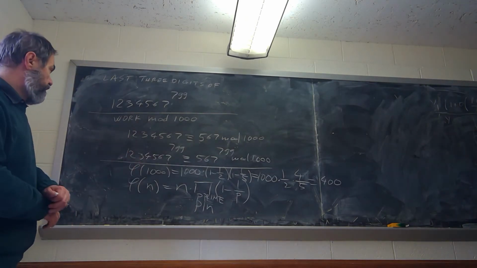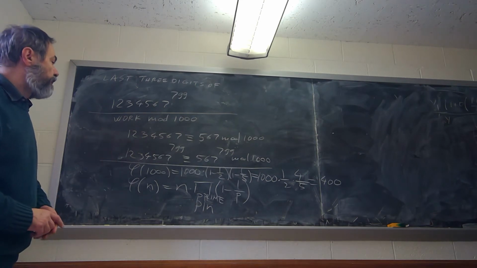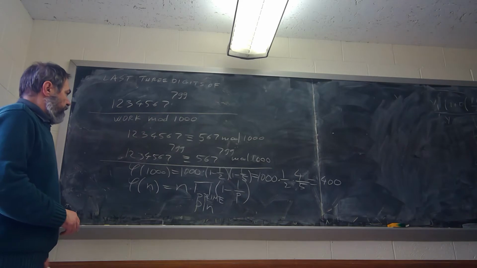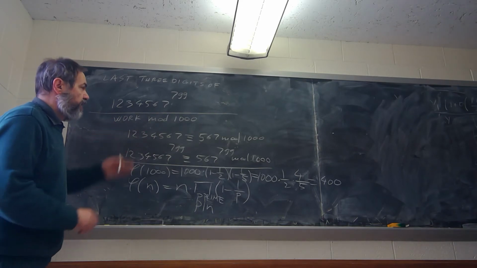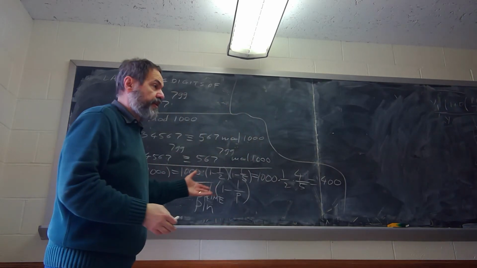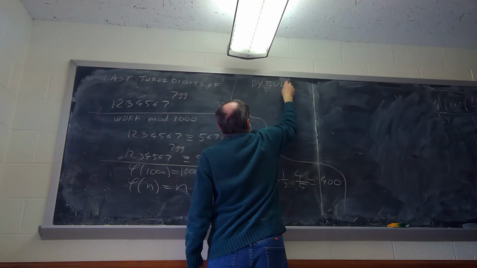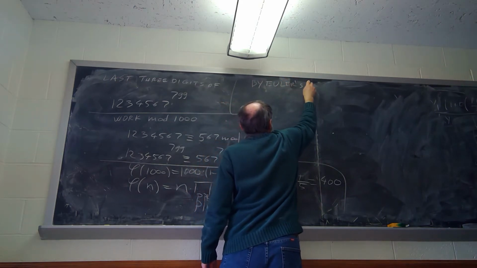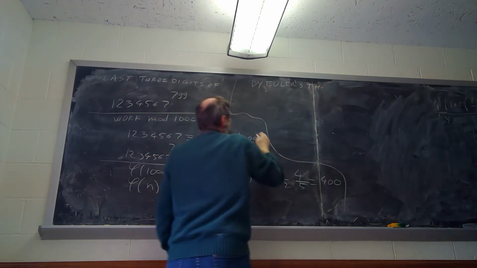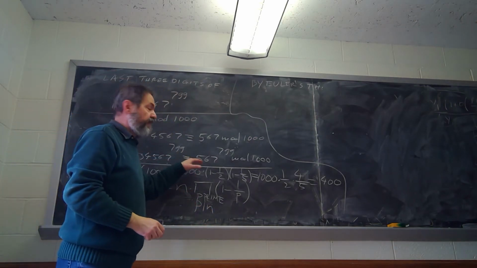With this additional piece of information, we come back and state Euler's theorem in this case. By Euler's theorem, our number of interest is 567.